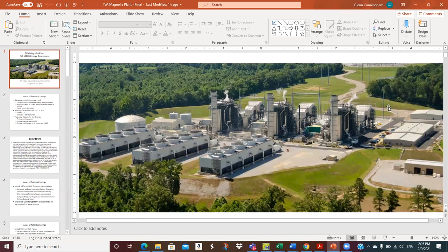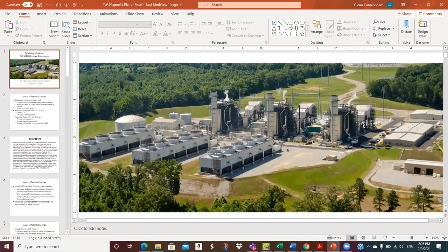So what can you do? Well, you can do inlet air cooling. Inlet air cooling on gas turbines is a big deal, okay? And these modules on the back side of this thing, that's where the air comes in, and they have evaporative coolers on these things. Now there's lots of different technologies for doing this.